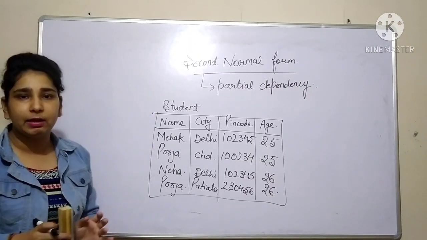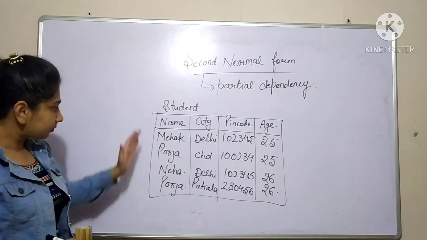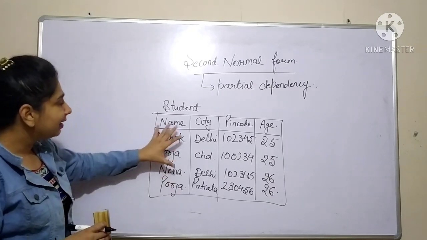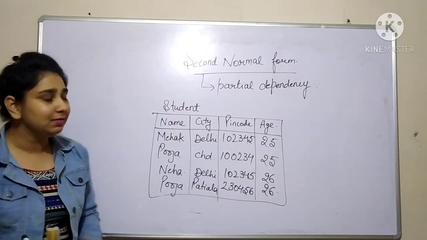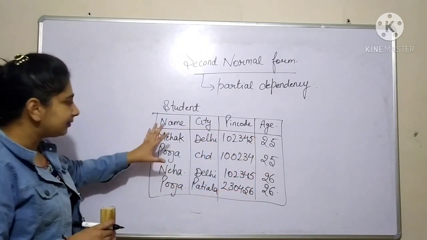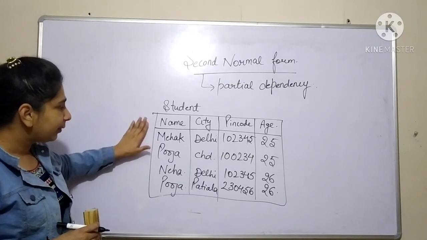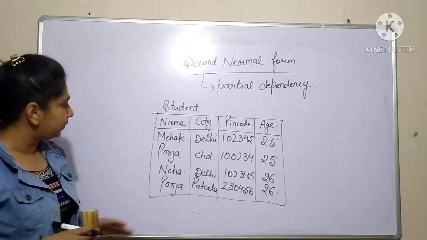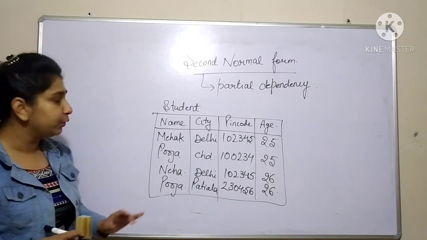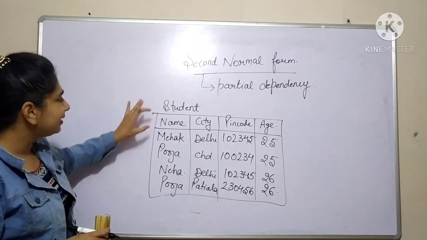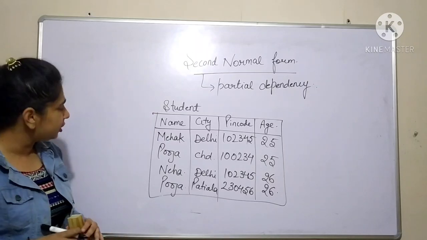If you look at it, we have to determine the key of this relation by looking at the data of this relation. The first attribute is name. Can we use name as the key attribute of this relation?